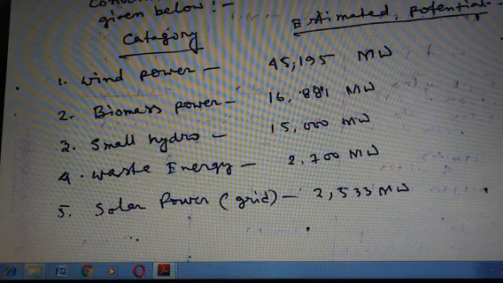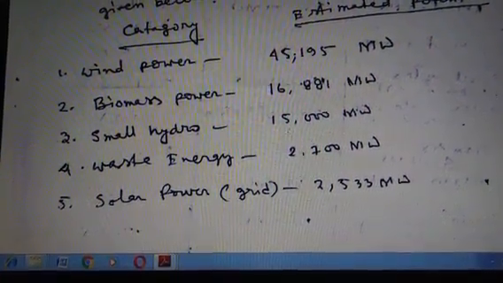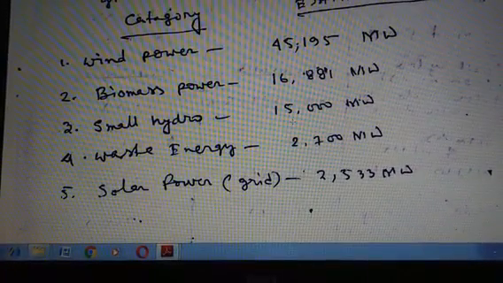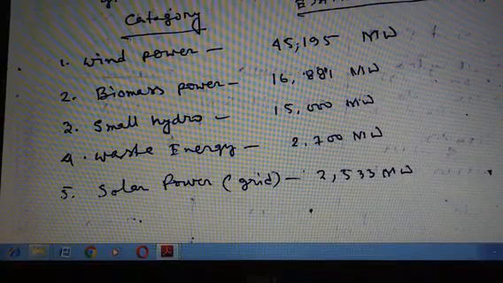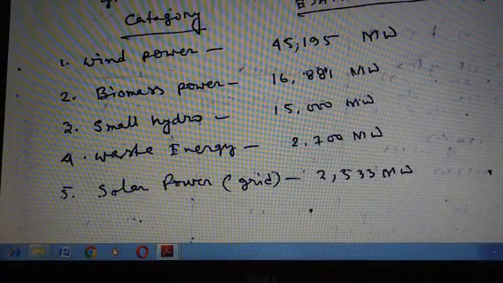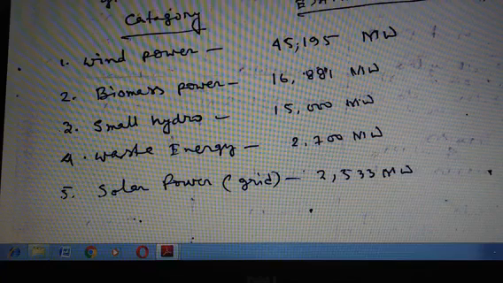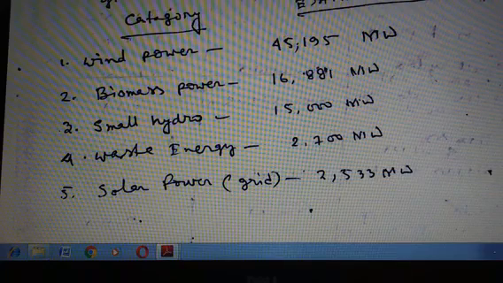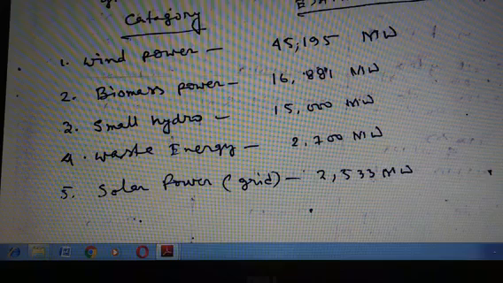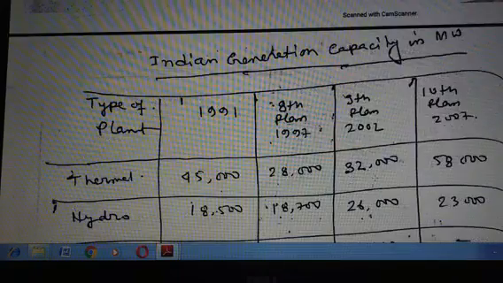By small hydropower, the estimated energy is 15,000 megawatt, by waste energy it is 2,700 megawatt, and by solar power the estimated energy is 2,533 megawatt.